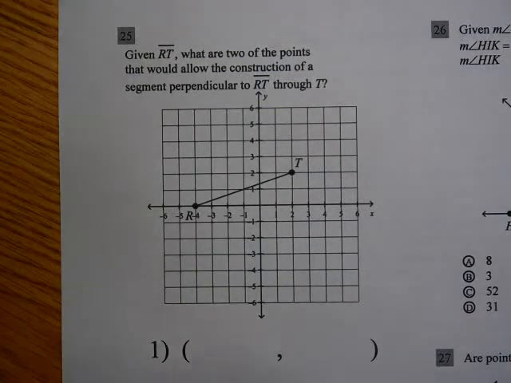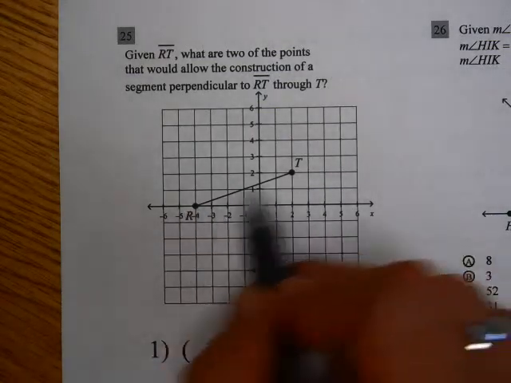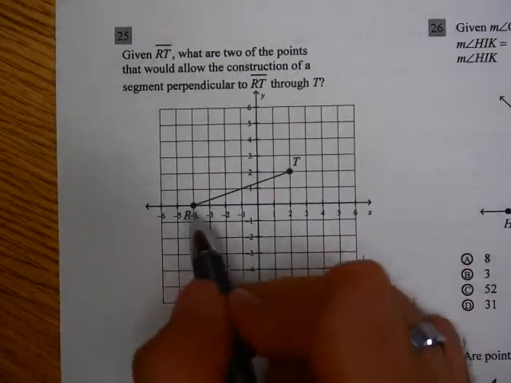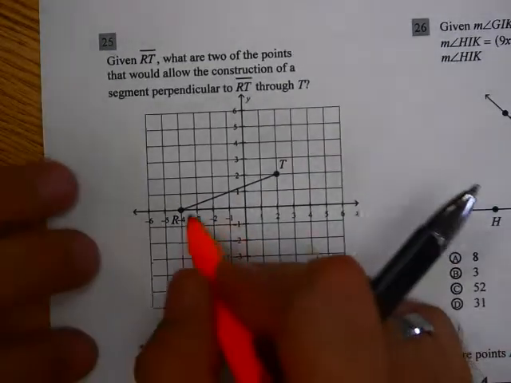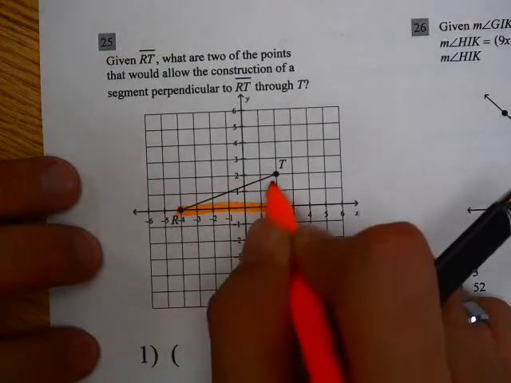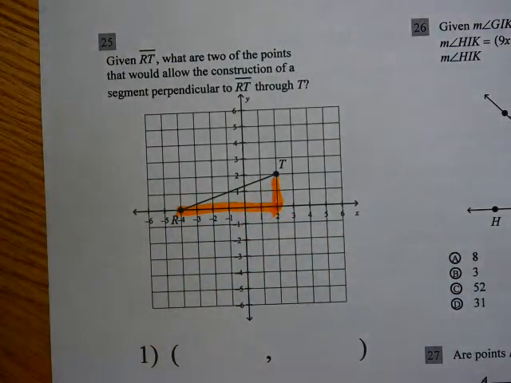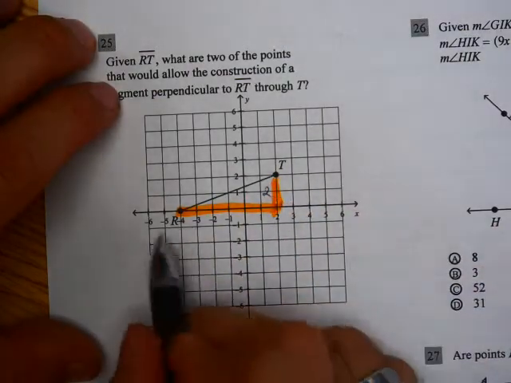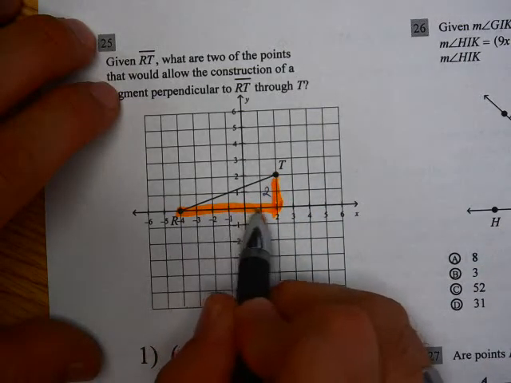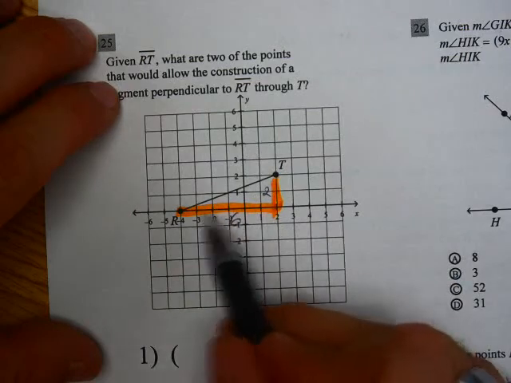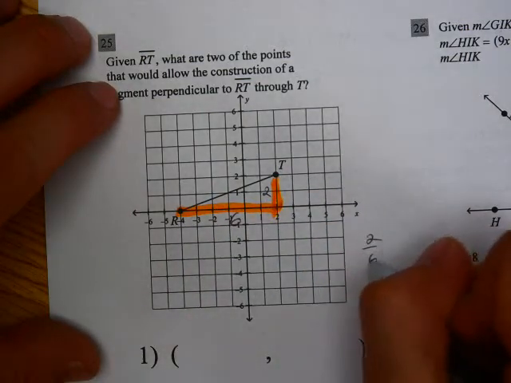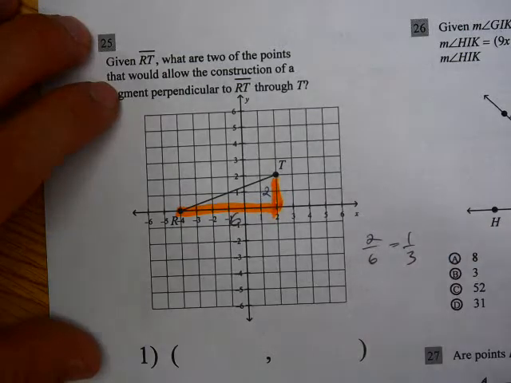The first thing we should be looking at is, for this segment, what is the slope? If I draw a slope triangle, I can do that with my highlighter. I have a rise of 2 and a run of 1, 2, 3, 4, 5, 6. So I've got a rise of 2, run of 6, which means my slope is actually 2 over 6, which reduces to 1/3.